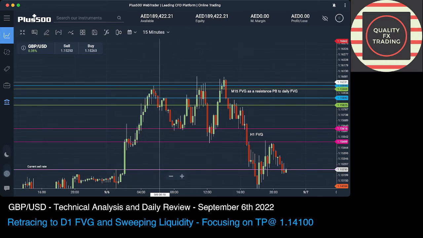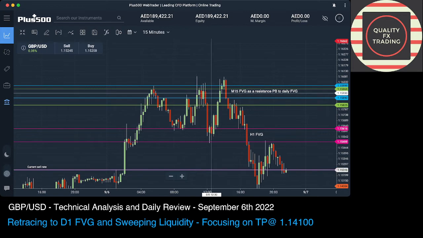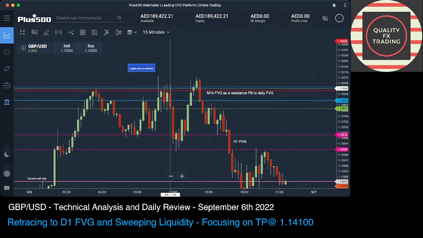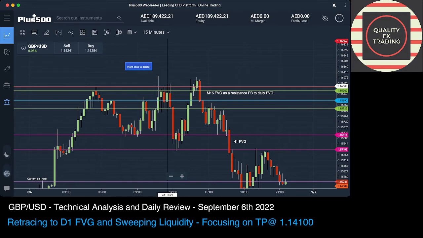There is a magical candle formation for reversal. These two candles, this bullish candle engulfing the previous bearish candle.